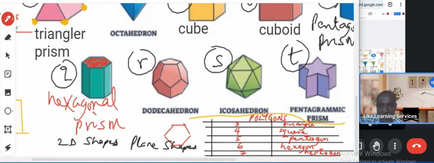What's the name of only this part I shaded? Hexagon. Good. The only thing I shaded is a hexagon. This part I shaded is a hexagon, and it's a 2D plane, only a plane shape.